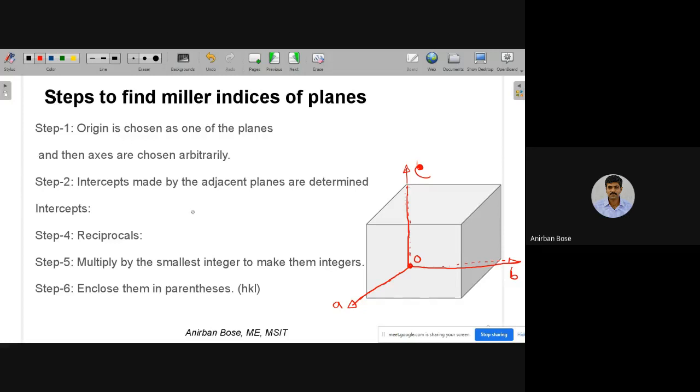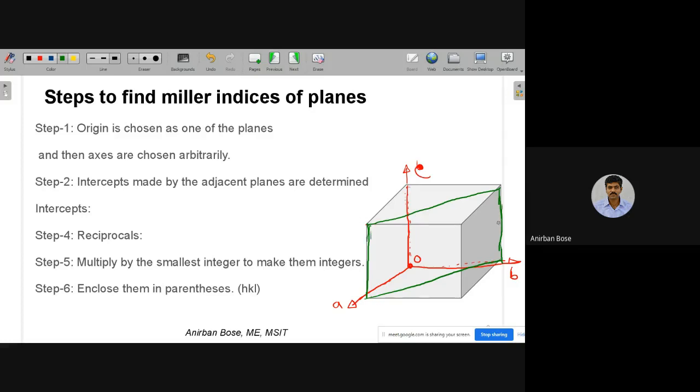So first, let us take one example. Let us draw a particular plane and try to find out its Miller indices. I'm showing that plane in green. Let us consider this particular plane. I think it's clear which plane we are talking about.